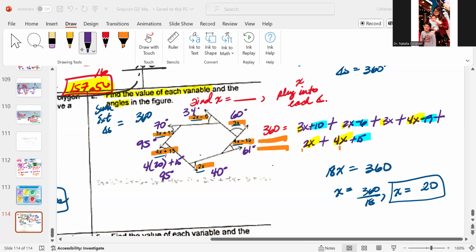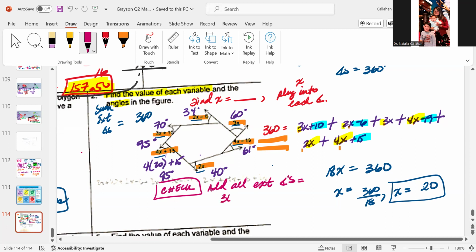Good. Now, if you were to check your answer, how would you be able to check your answer? Add all those together. Add all exterior angles and what it should equal to. Yeah. Okay. All right, let's go on to the next one.